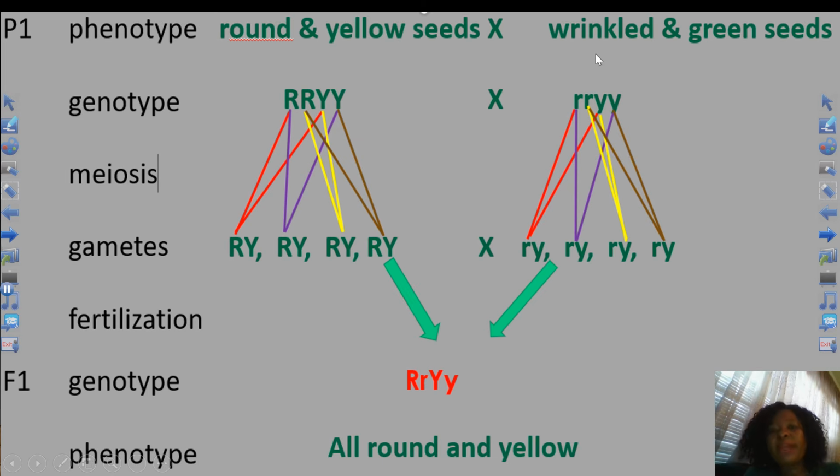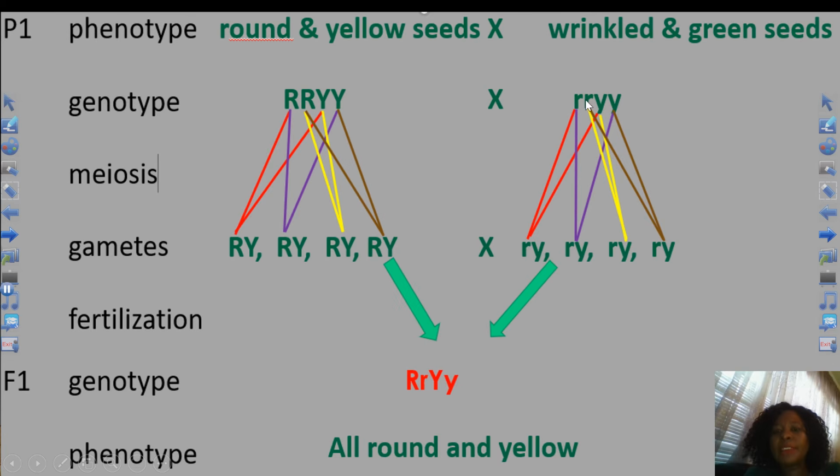In the same way, for the second parent with the wrinkled and green seeds, we work out the gametes like we did with the first parent. The first small r can combine with the first small y so that we get a small r and a small y as a gamete. Then the first small r can combine with the second small y, and we get our second gamete.